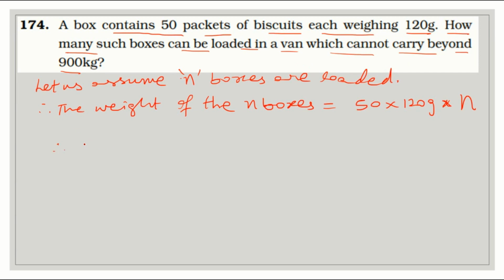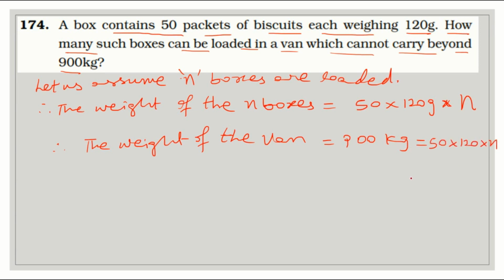Therefore, the weight of the van, which is 900 kg, equals 50 into 120 into n.